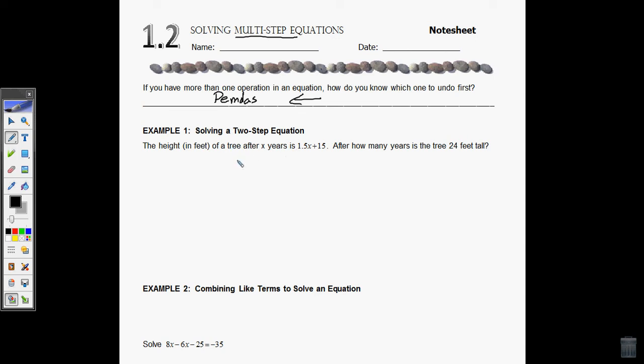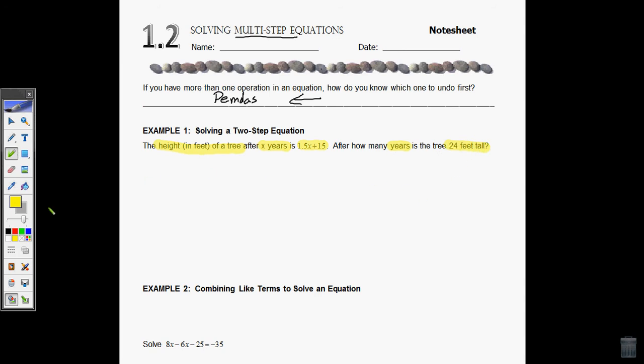Example 1, the height in feet of a tree after X years. Okay, so we got a couple pieces of really good information here. I just want to check out the height in feet of a tree, X years, and then we have an equation. After how many years is the tree 24 feet tall?